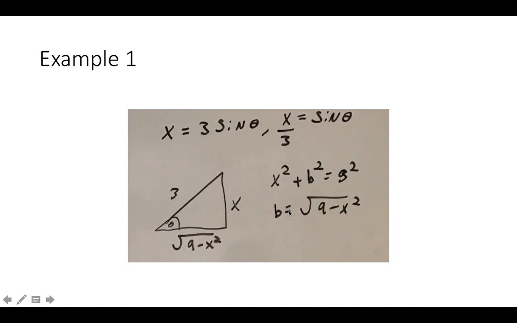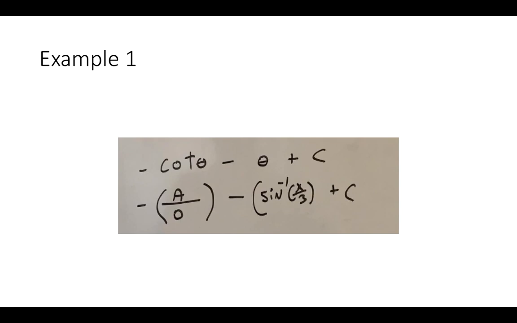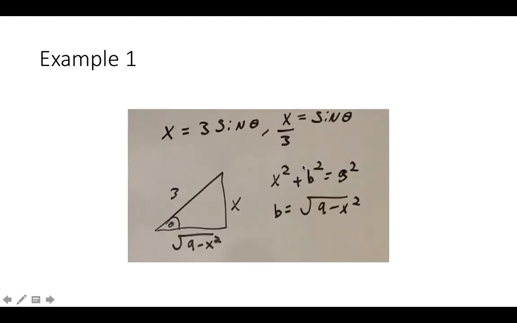Now we go back to our original problem. We found out that negative cotangent theta minus theta plus c is our final answer. How are we going to change this? We input our values. Theta is going to be inverse sine of x over 3. Why? Because if we want to isolate theta, we just take the inverse sine on both sides, and that gives us theta.